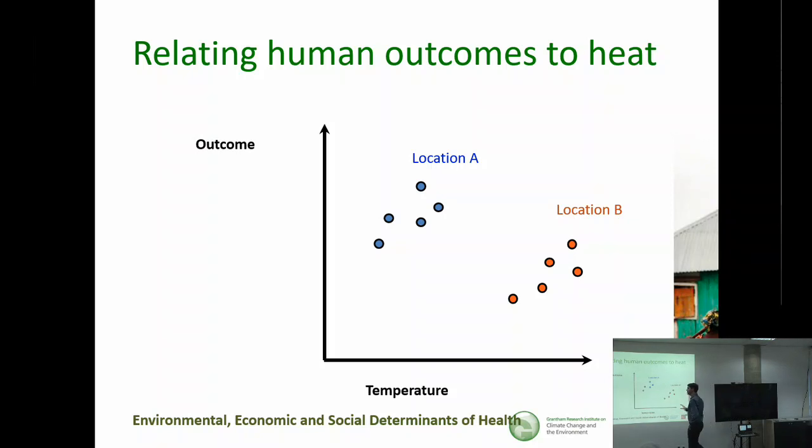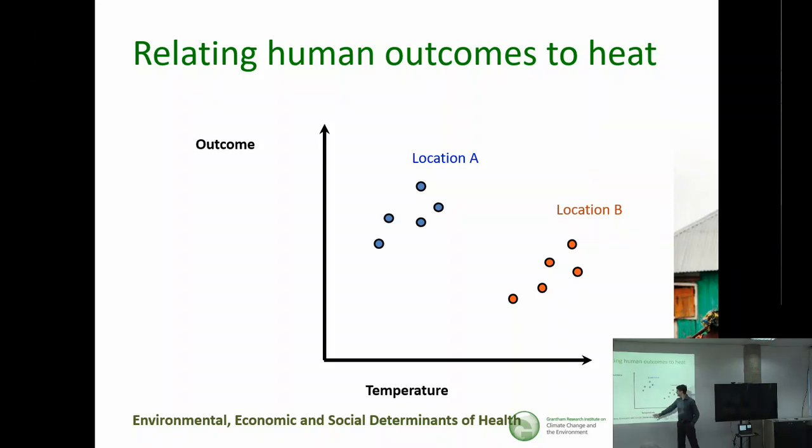The reason I wanted to walk through this is to help explain why economists are even in the business of trying to predict future effects of climate on health. And it comes back to some of the techniques that were developed to understand policy decisions.